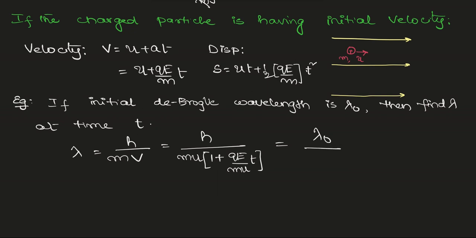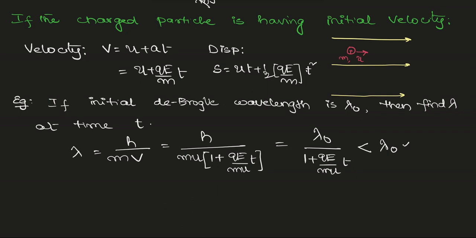So lambda naught by 1 + qE by mu into t, which is less than lambda naught. So for a positively charged particle, the de Broglie wavelength decreases compared to its initial value as time increases.